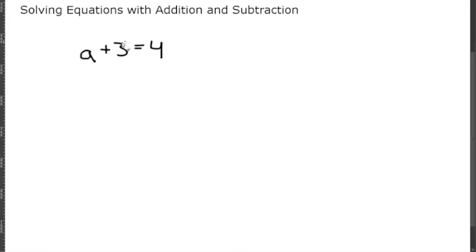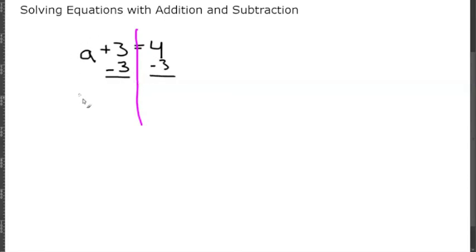We know that if we take away the same exact number from both sides of the equation, the left side is still going to be equal to the right side. So let's go ahead and split this equation in half, just to show you the left side and the right side as we do our work. Now, if we take away a 3 from this side and we take away a 3 from that side, both sides are still going to be equal.